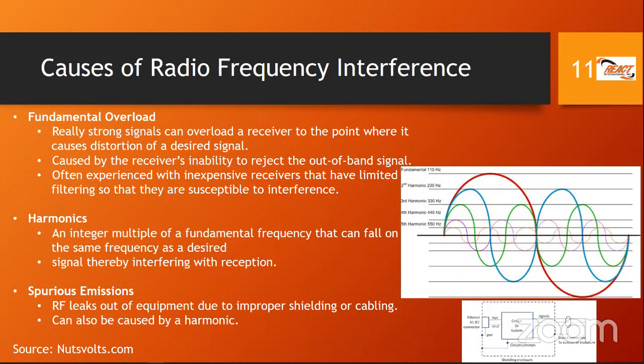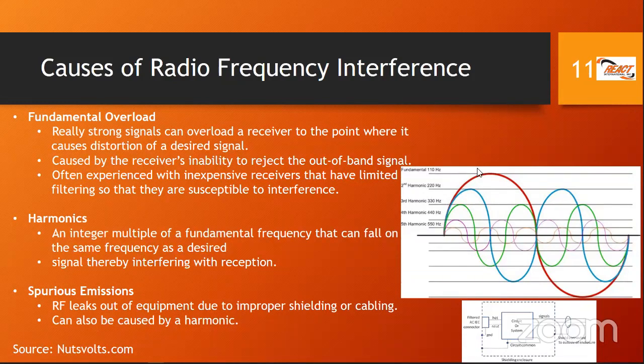Another one is harmonics. And what are harmonics? A harmonic is defined as an integer multiple of a fundamental frequency that can fall on the same frequency as a desired one. That is a little bit complex in how it is stated, but it is simple. Let's use a diagram to illustrate what a harmonic is.